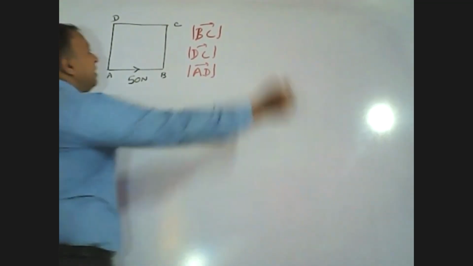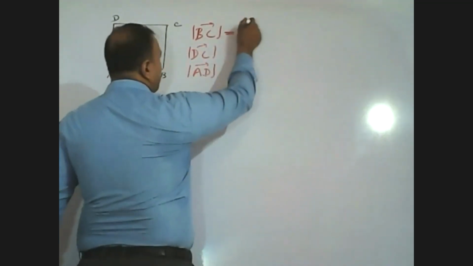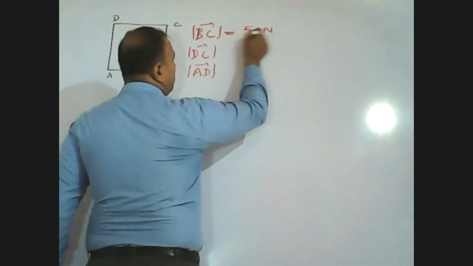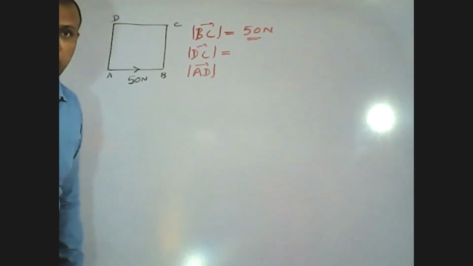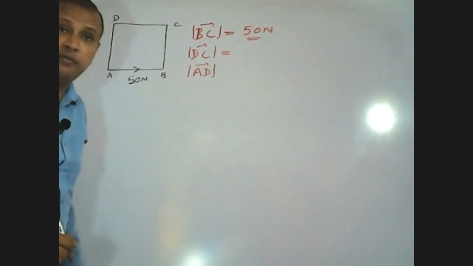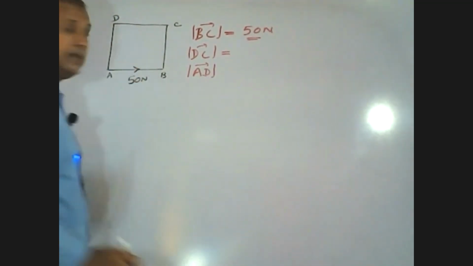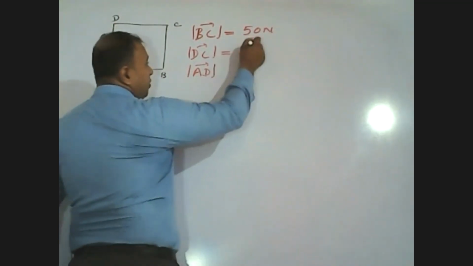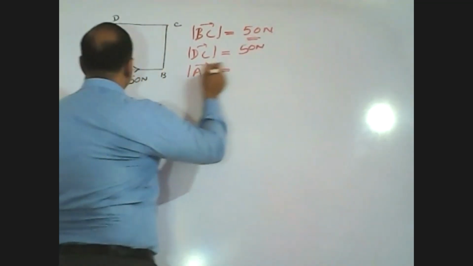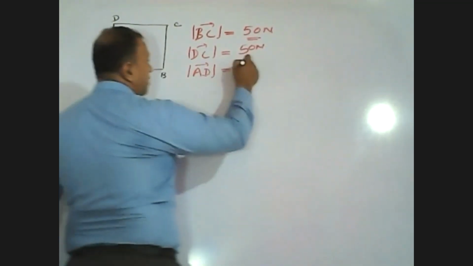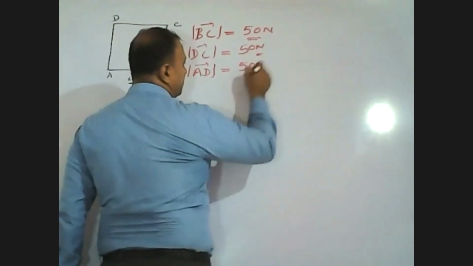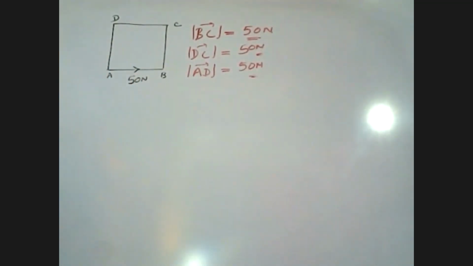As this is a square, this is equal to 50 Newton. DC is a side of this square, so it is also 50 Newton. AD is also a side of this square, so it is also equal to 50 Newton. First one is very easy.